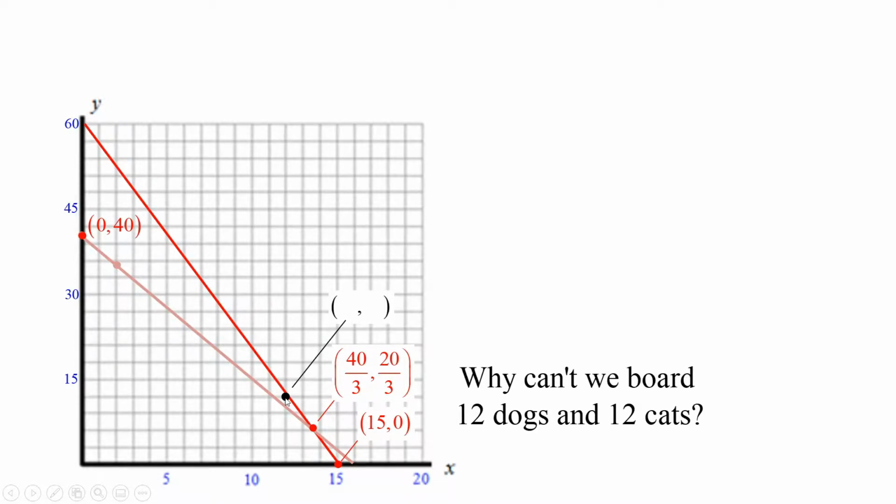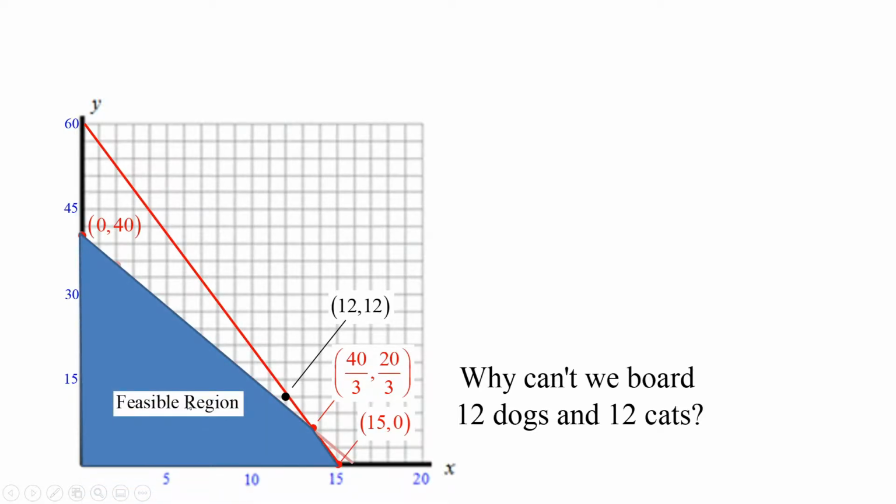By the way, let's label that point 12, 12. So X equals 12, 12 dogs and 12 cats. And then there's my feasible region right there. So we can choose any point that has whole number coordinates in this feasible region right here. But look at that, 12 dogs and 12 cats. It is below this constraint, but it's not below our other constraint right here. So that point's not going to work.